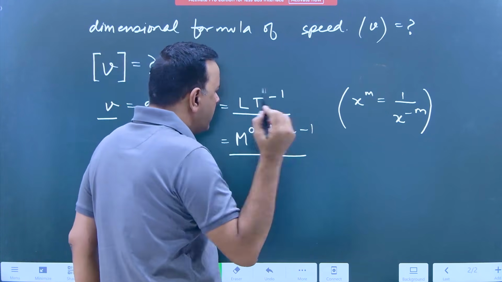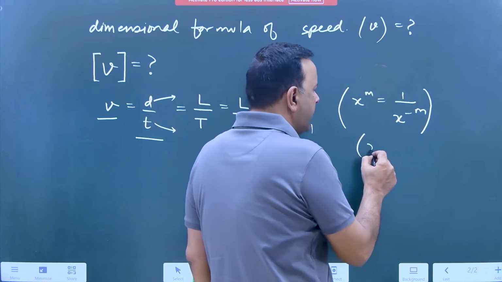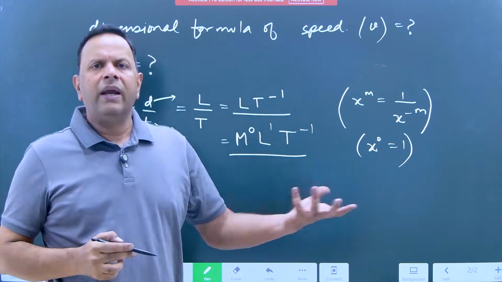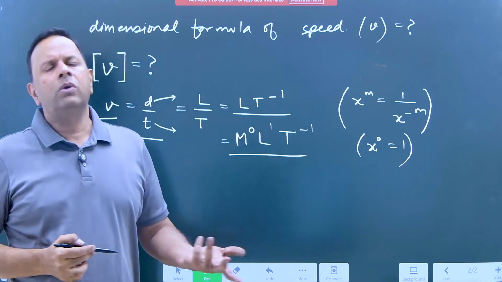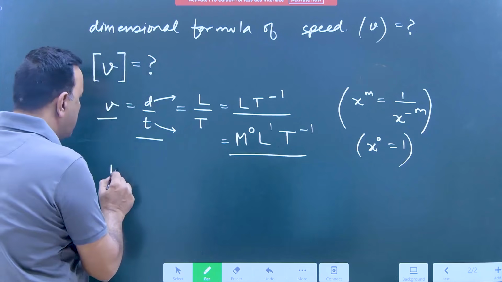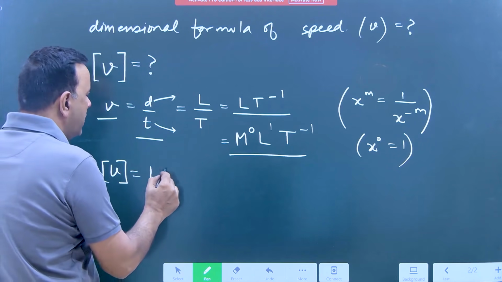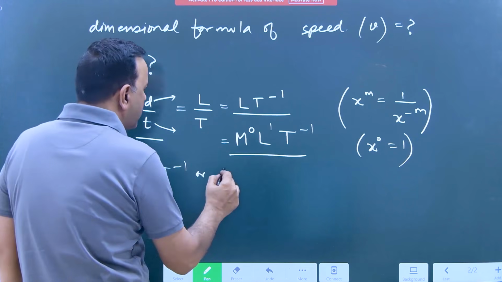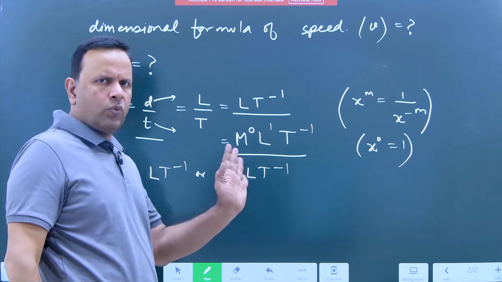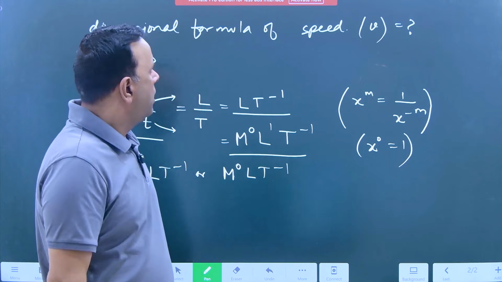Still, I wrote it like M raised to 0 here. And I think we all know that anything raised to 0 is equal to 1. So writing it like M raised to 0 doesn't make a difference. So the conclusion is that the dimensional formula of velocity is LT minus 1, or I can say M0 LT minus 1. It's one and the same. You can express it in either way.